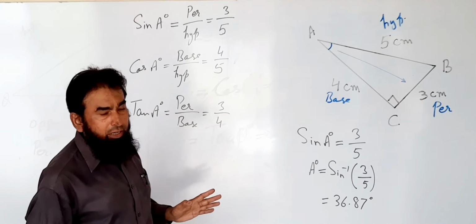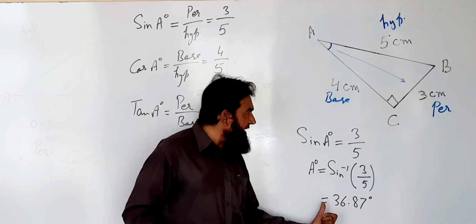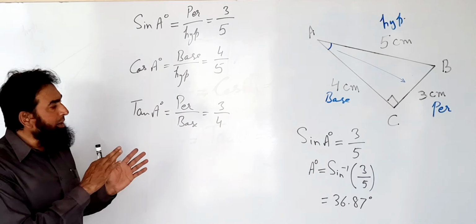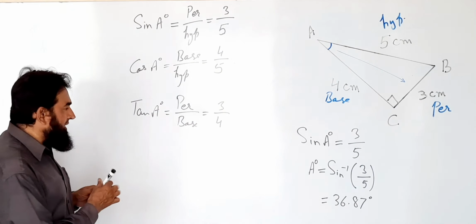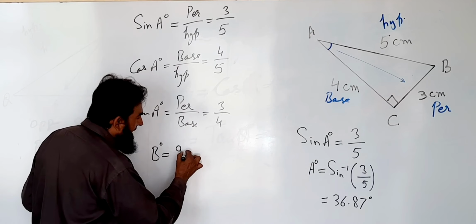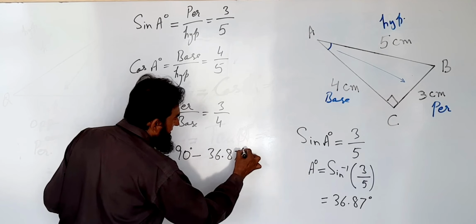Now in this particular question, if I have already calculated angle A, angle B can be calculated by subtracting angle A from 90 degree. So angle B is 90 minus 36.87.